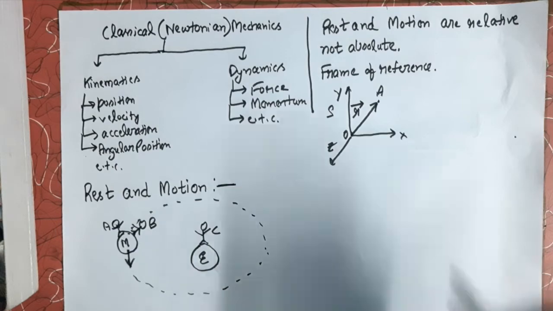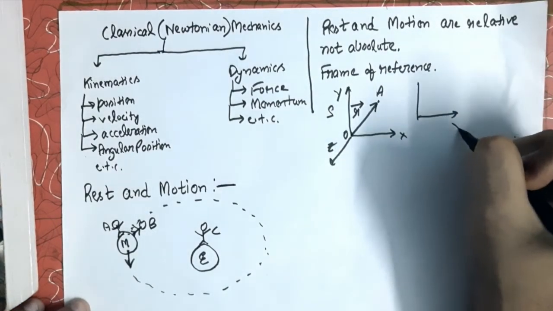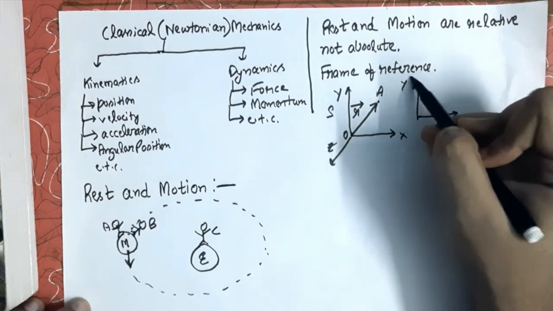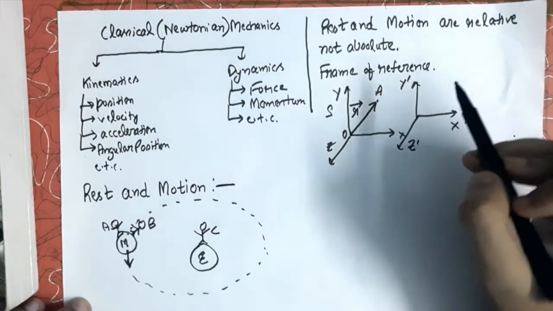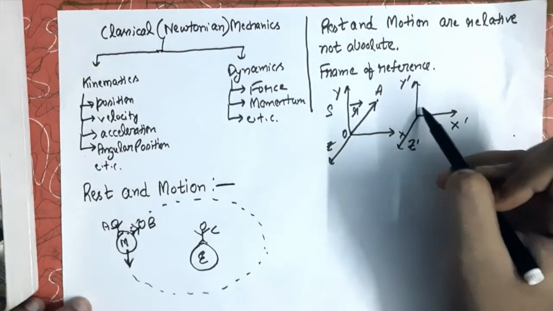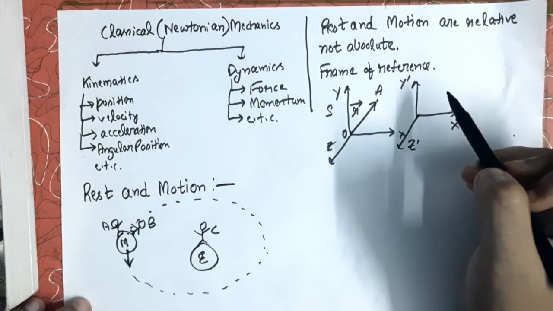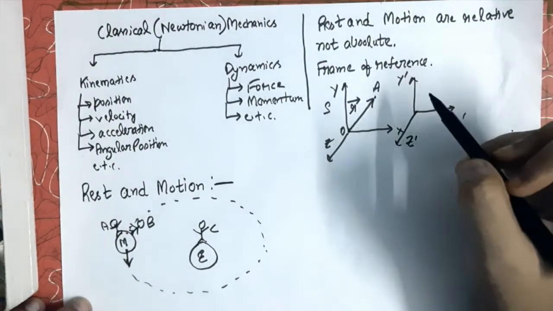Now if we consider another frame of reference here, x dash, y dash and z dash, with respect to this frame of reference it will have another position vector, not this one. It will have r dash.